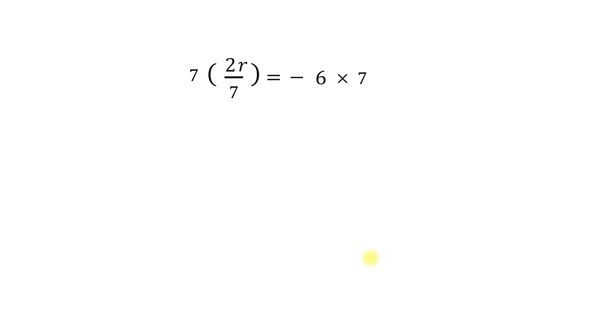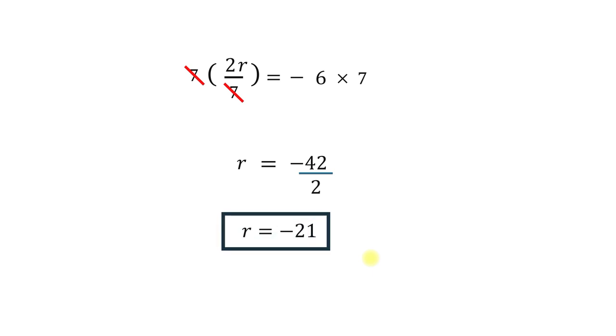On the left-hand side, the 7s will cancel out, so we're left with 2r equals negative 42. If 2 times r equals negative 42, then r by itself will equal negative 42 divided by 2, giving us a final value of r equals negative 21.